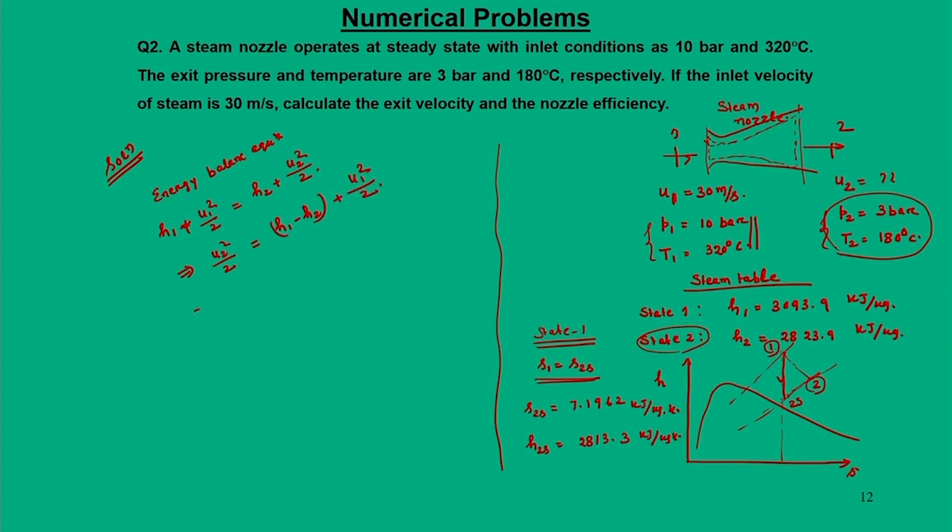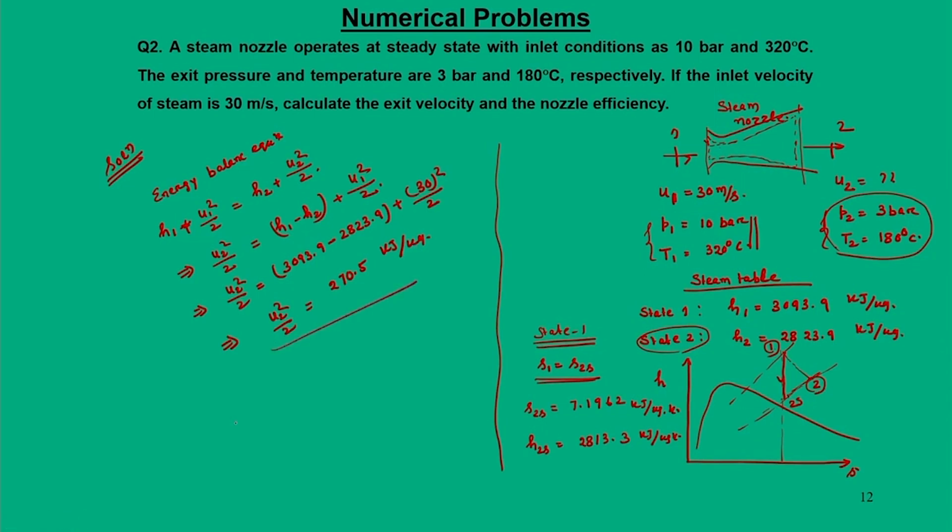By putting this number, we can say U2 square by 2 is equal to 3093.9 minus 2823.9 plus 30 square by 2. So this term is 270.5 kilojoule per kg.